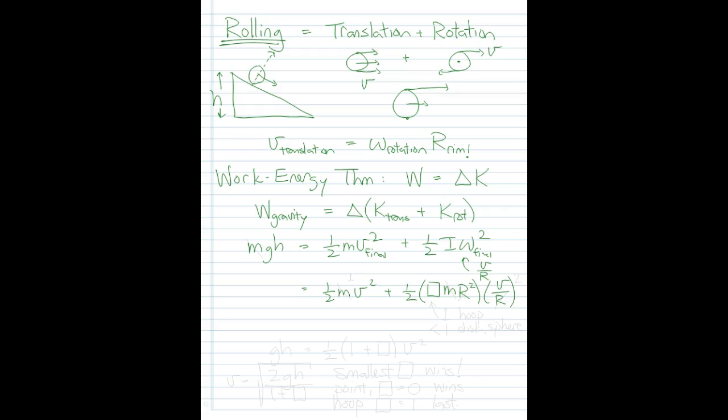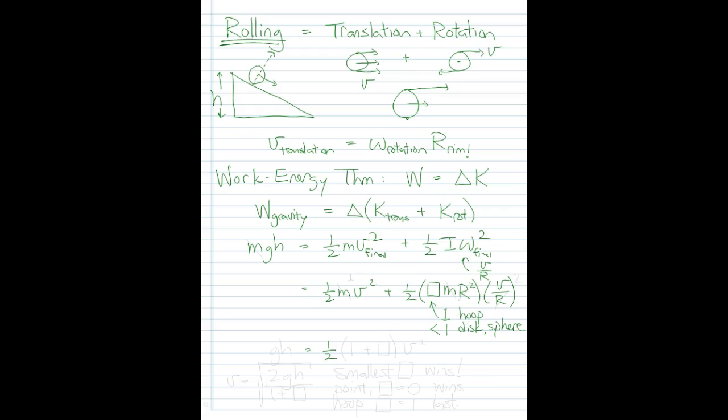So this number, the biggest it can be is 1 if you have a hoop. And for things that have mass distributed near the middle, it's going to be less than 1, say for a disk or a sphere, something like that. Okay, so we're left with 1/2.